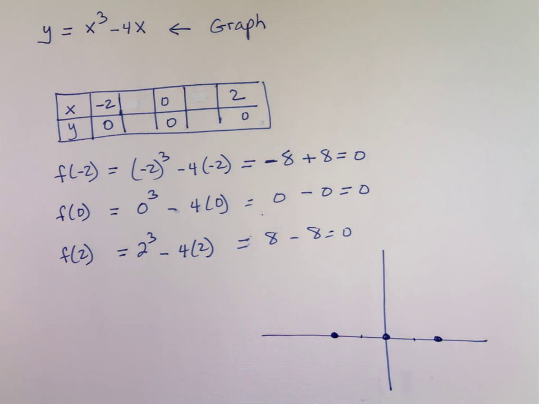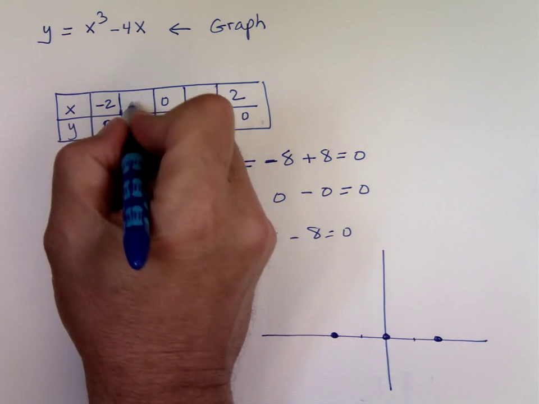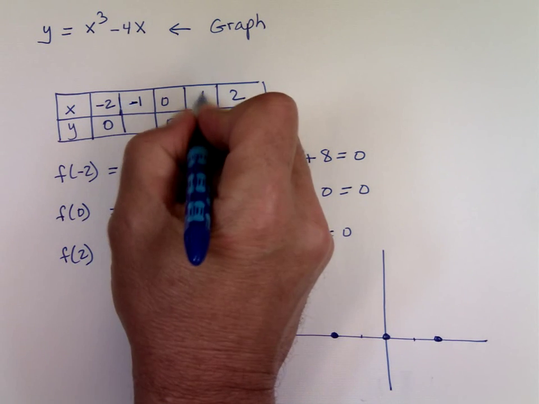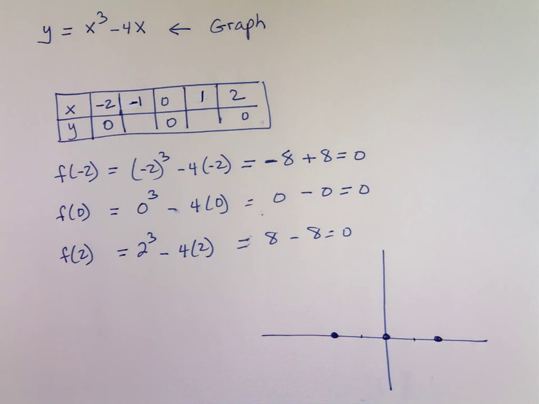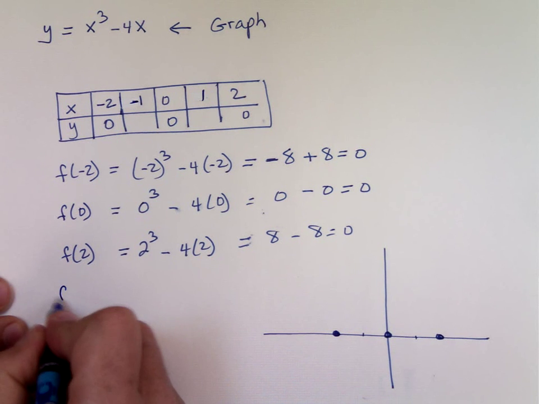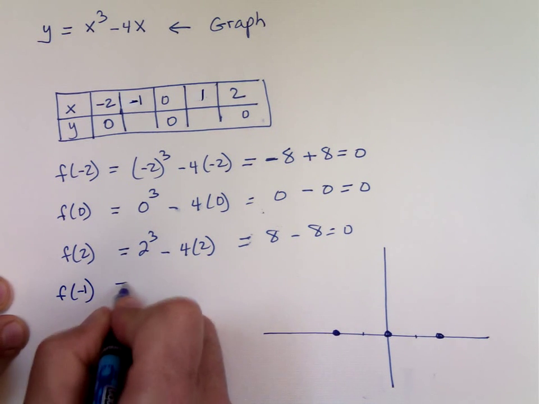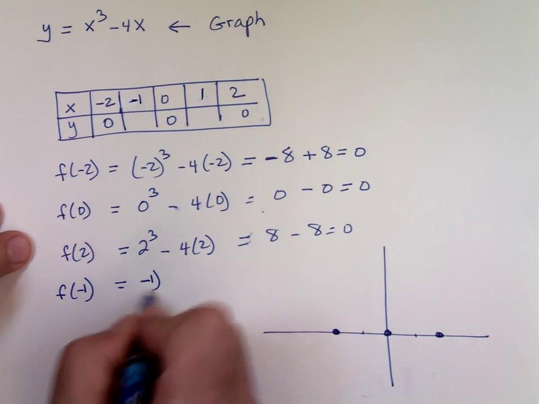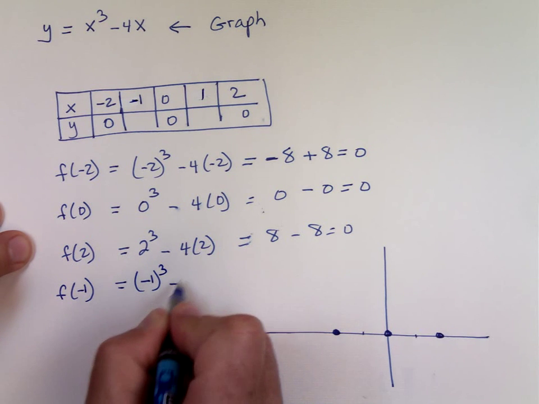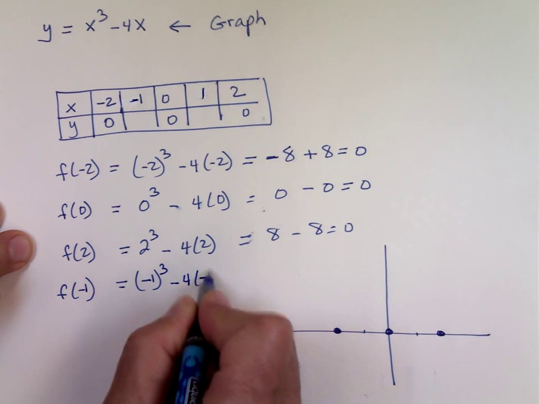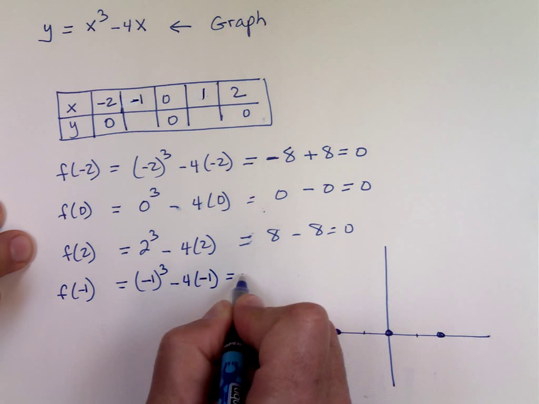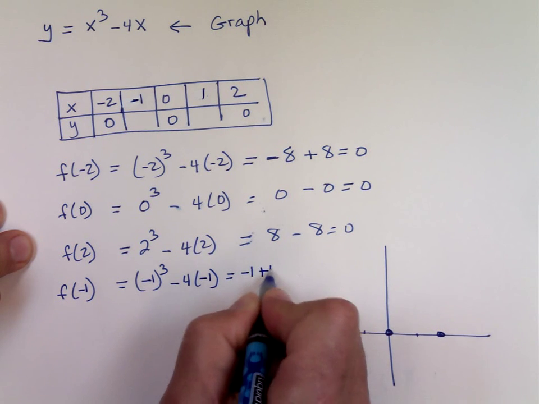So I said picking points is not the best way, but if we pick more points, we'll notice it's not really a straight line. If I add the minus 1 and the 1 back in, what about the minus 1? This is negative 1 cubed minus 4 times negative 1. That's negative 1 plus 4, which is 3.